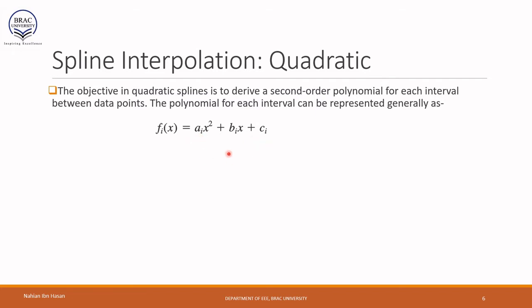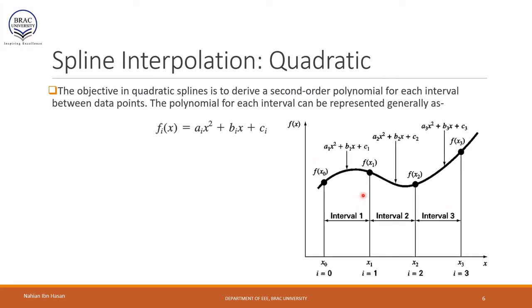Each of these terms, a i, b i, and c i, are the coefficient terms, and they should be determined. And f is the function value. This is the second order polynomial at each interval. So in the first interval, I use f1 of x equal to a1 x square plus b1 x plus c1. Similarly, in the second interval, I use f2 of x equal to a2 x square plus b2 x plus c2.